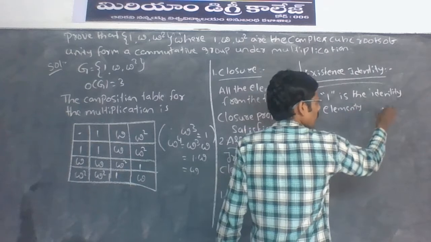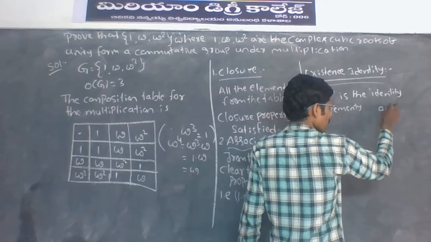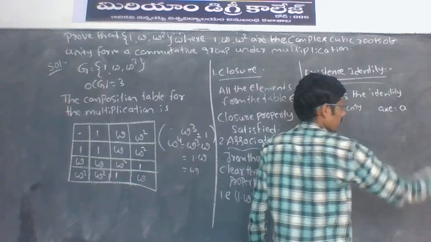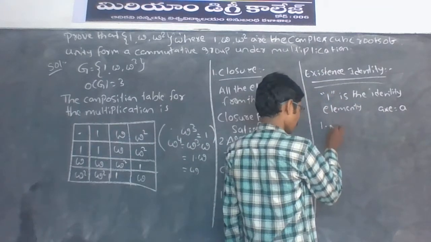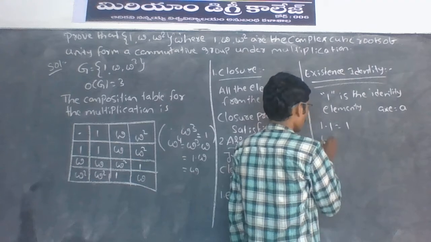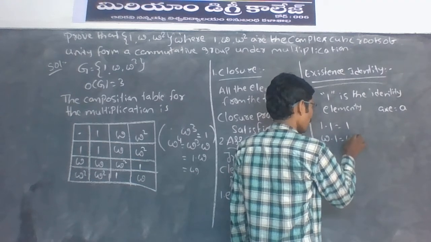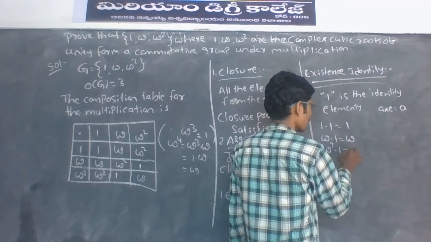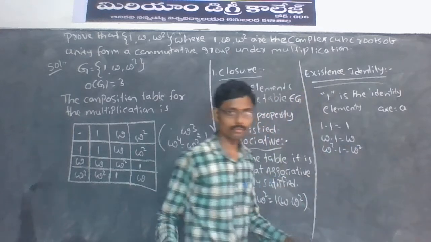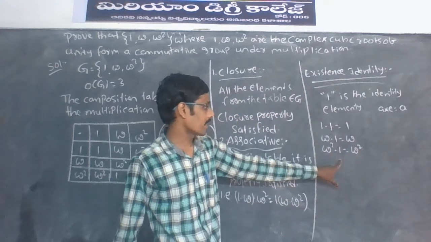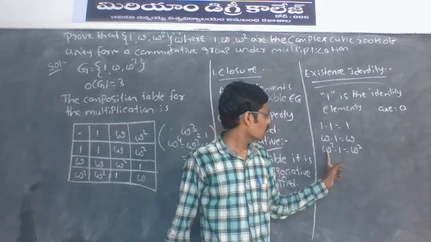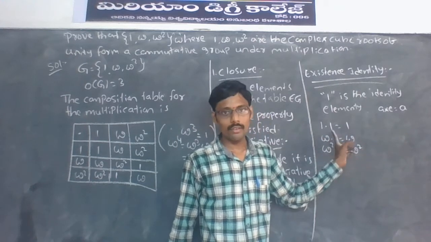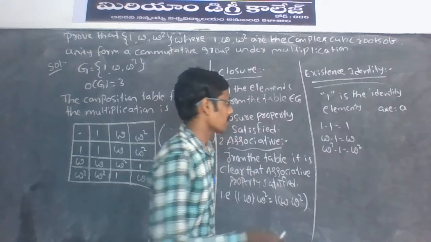Identity property: A into E is equal to A. So 1 into 1 is equal to 1, omega into 1 is equal to omega, omega square into 1 is equal to omega square. So 1 is the identity element in Z.